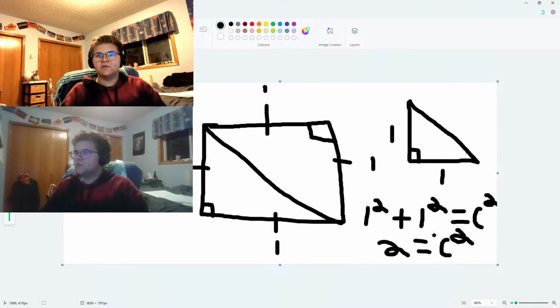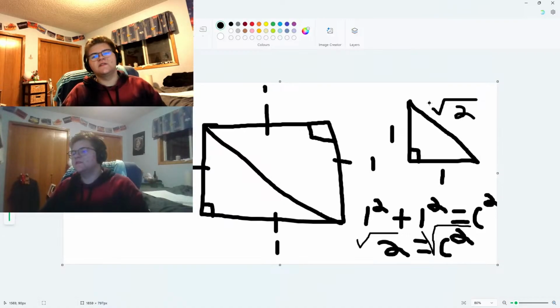And we don't want c squared. We just want c. So we take the square root of it, and we can't find a square root of 2. It's not an exact value, so it's just gonna be root 2. So this is how you get it.